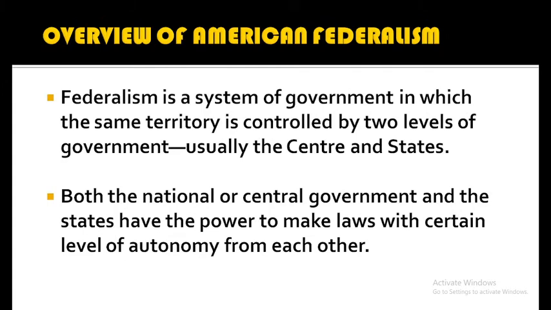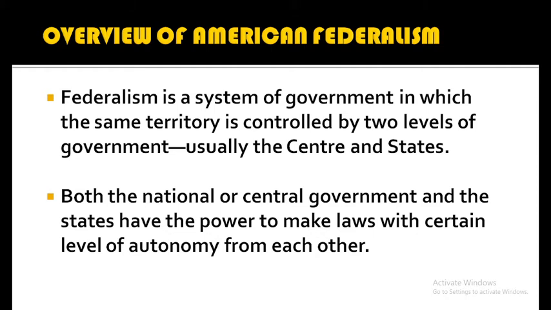Coming to the overview of the topic under discussion, federalism is a government in which the same territory is controlled by two levels of government, usually the center and states. Both the national or central government and the states have the power to make laws with a certain level of autonomy from each other.